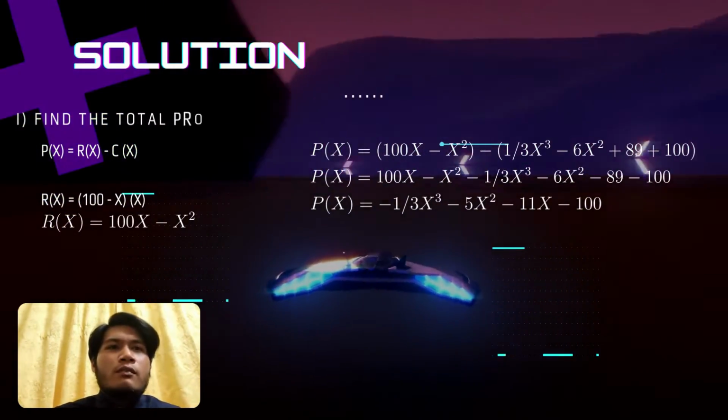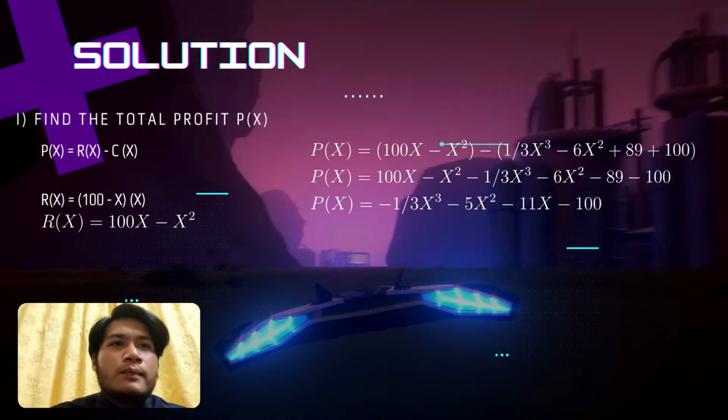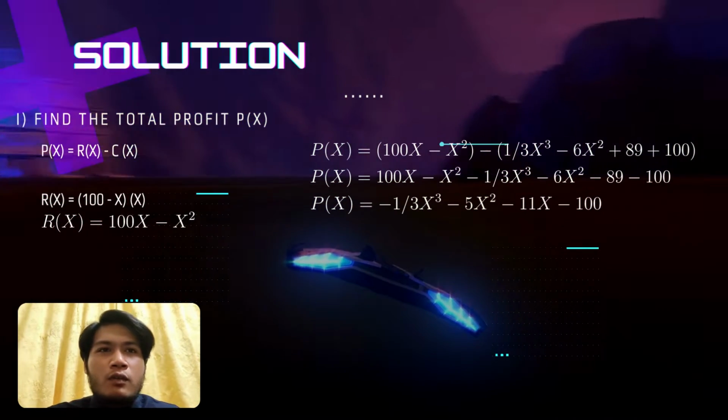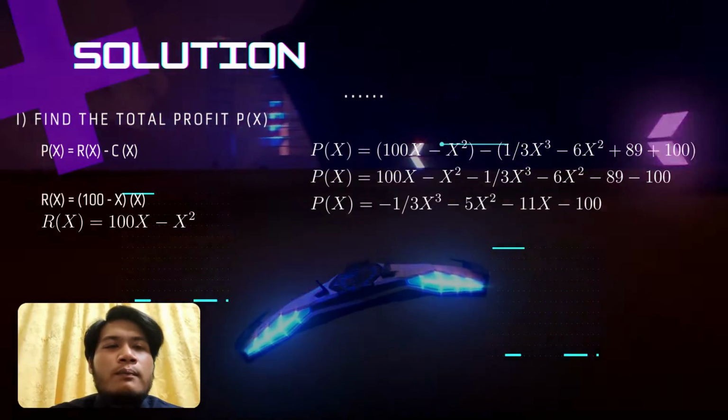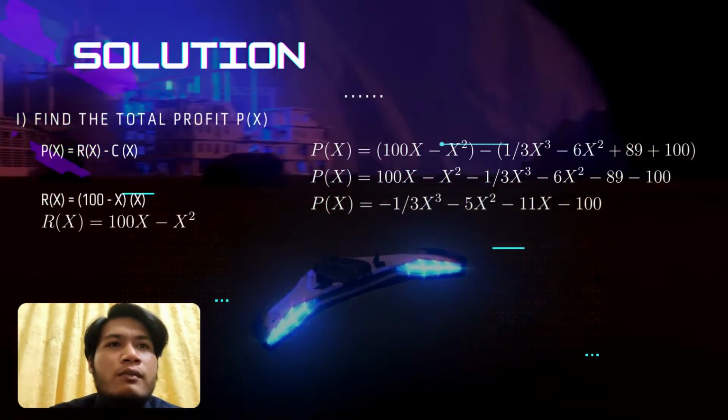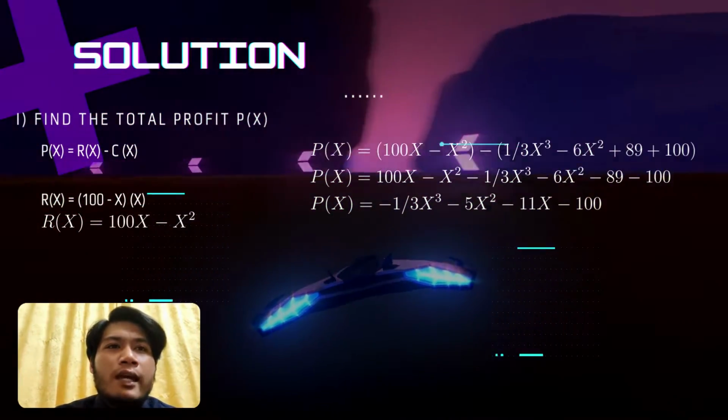The question is to find the total profit, P x. In order to get P x, we must subtract C x from R x.